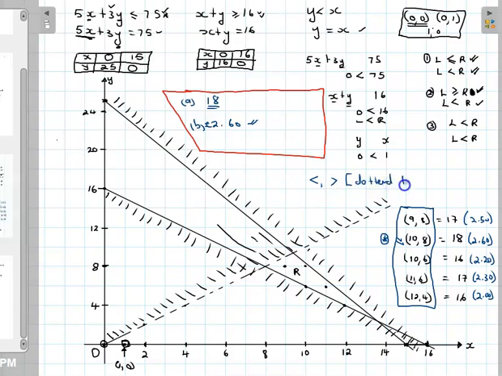You draw a dotted line, and then you do not pick when you're in the feasible region. So your feasible region also includes the bold lines, but not the dotted lines.